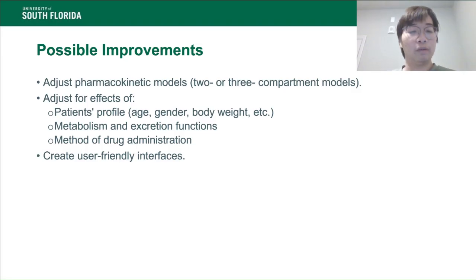For example, the influence of age, gender, and body weight that really affects their personal metabolism, as well as trying to venture out into injected drugs as well, to visualize how the drugs affect their body and possibly manage side effects.